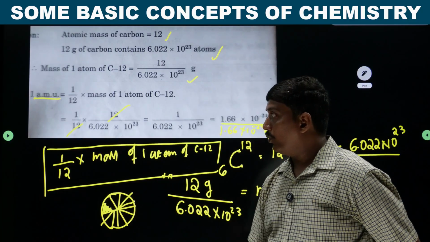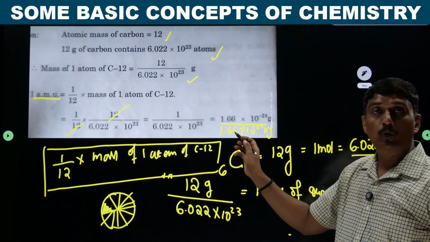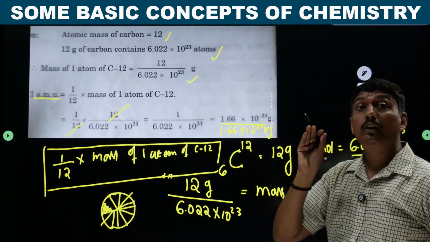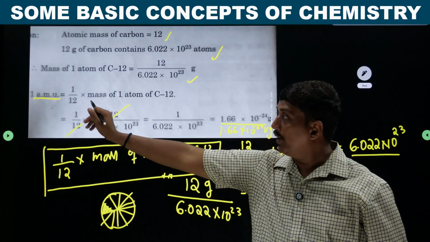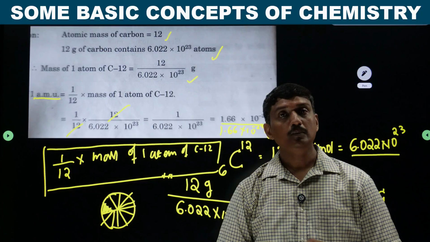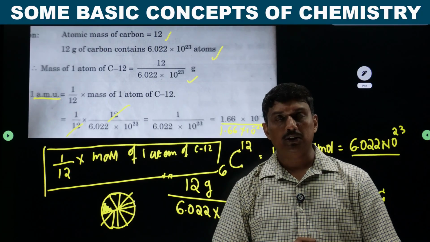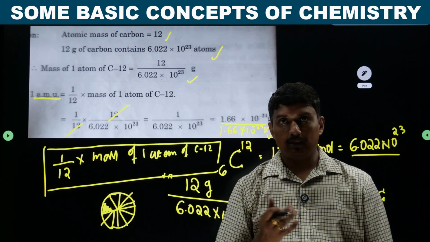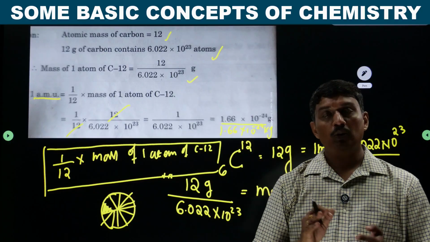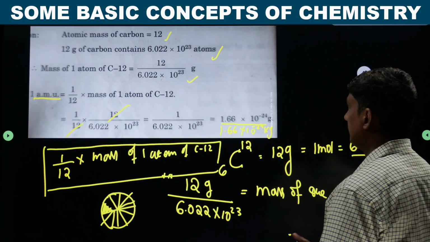So the mass of this unit, 1.66 into 10 to the power minus 24 gram, is the value of 1 AMU. Now you take hydrogen. How many protons are there? Only one proton. Then is it possible to represent it in AMU? Yes, you can represent it either way.